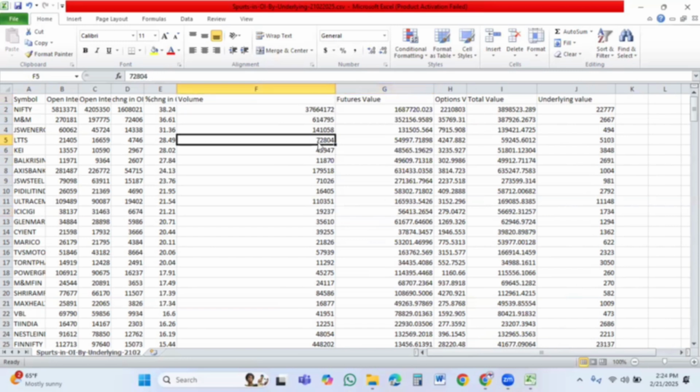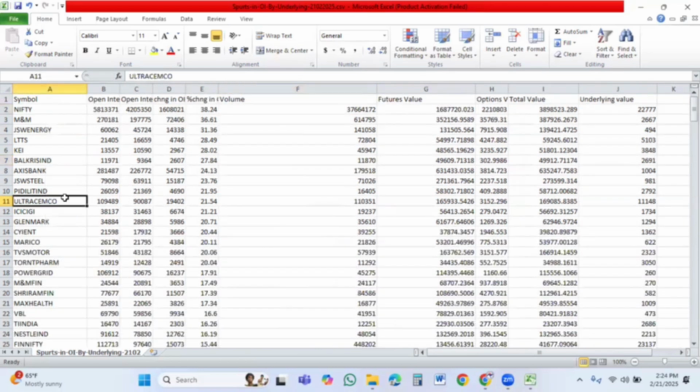Usually the volume is enough, because we give the maximum importance to volume in Reliable Trading Group. So you can look at which stock has the highest interest from the market. Suppose we go into the UltraTech Cement stock, it has a very good interest. If you go to Axis Bank, you will see very good interest in that. You go into JSW, you will find very good interest in that.